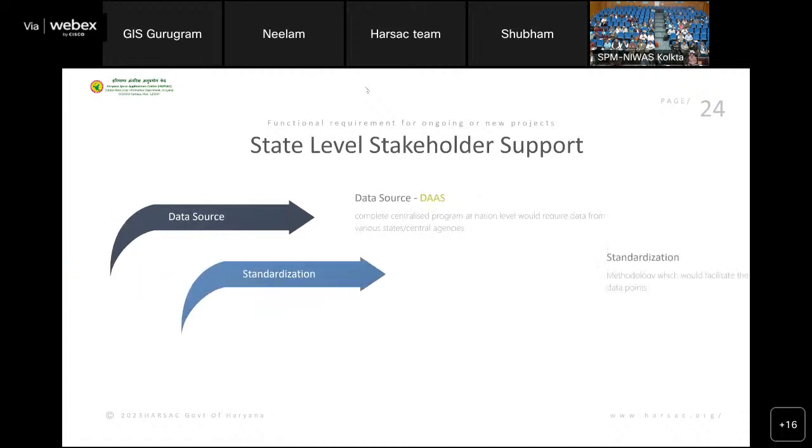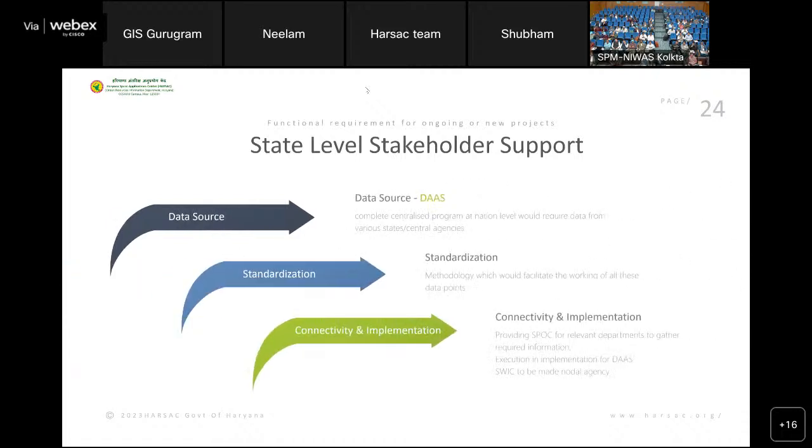Now, for the vision of JJM to actually fall in place, there are 3 major components where we need support from the stakeholders at every state level.